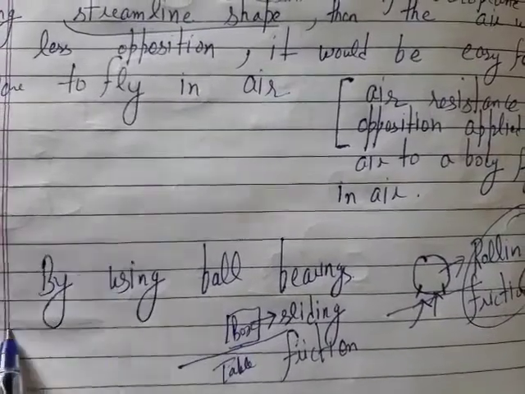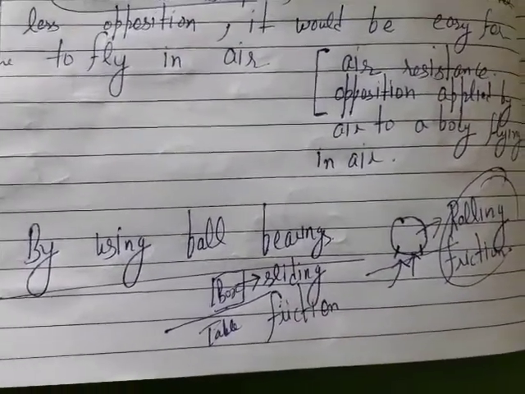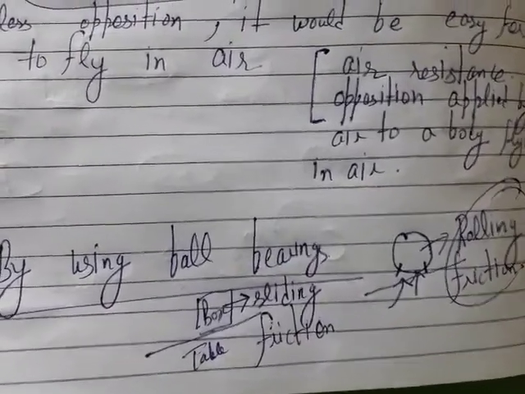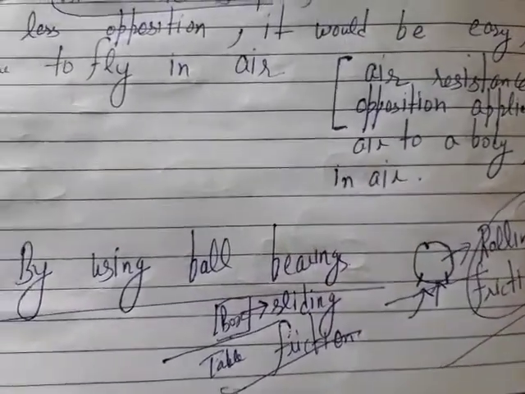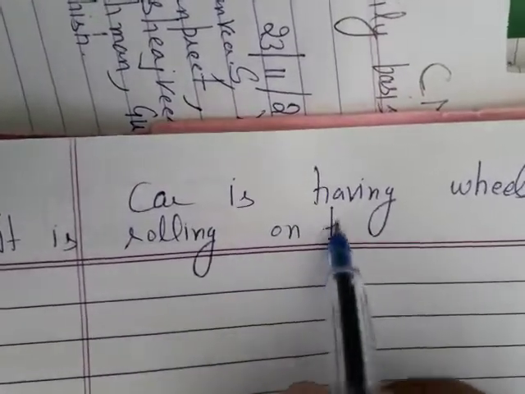So if we use the wheel, rolling friction will be acting on the body, and that is very much less compared to sliding friction. A car has wheels and it is rolling on the ground.